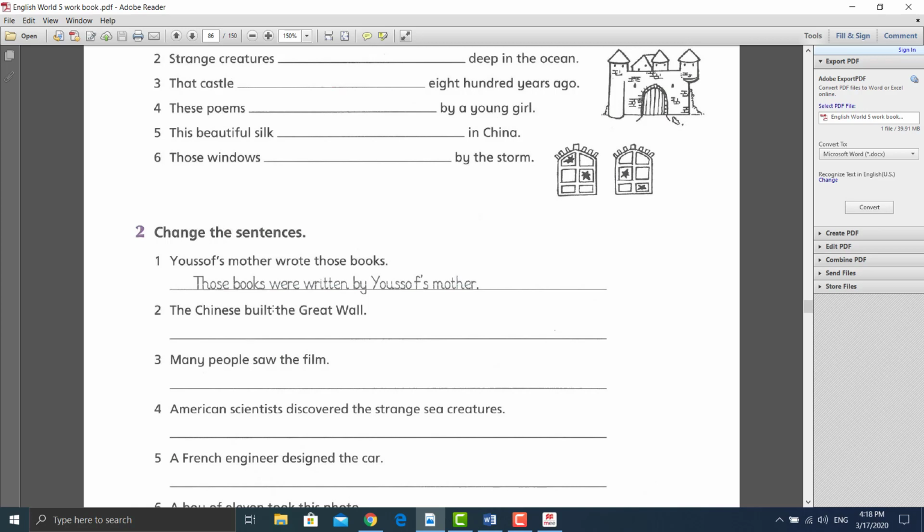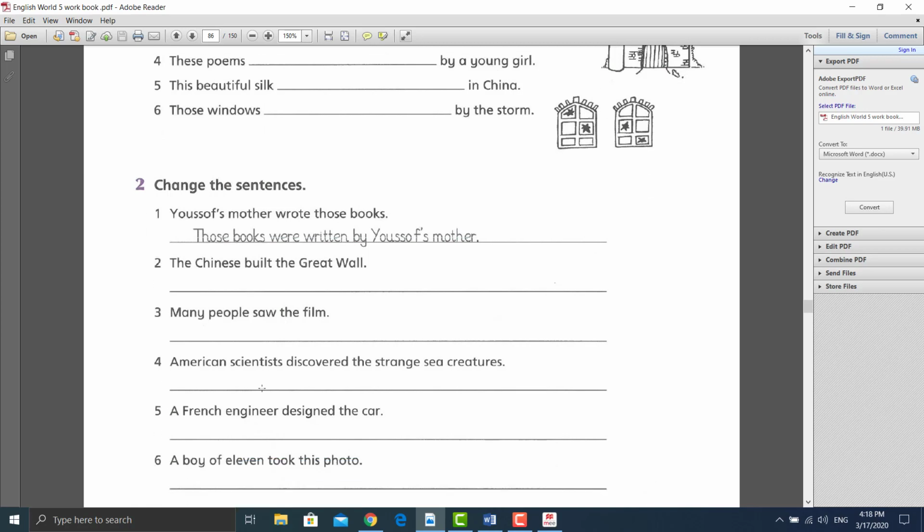Yes, you are right, the film. Was or were? The film here is singular, so we are going to use was. The film was, and past participle of see, saw, seen, by many people. Okay, we are going to leave the rest, 4, 5, 6 as homework.